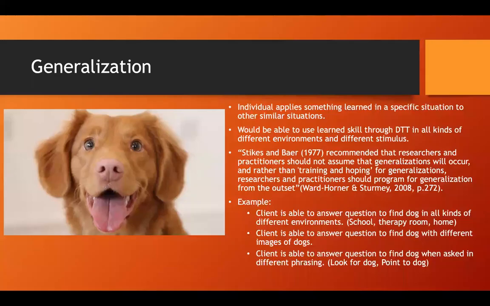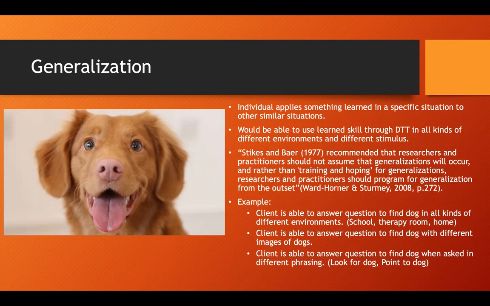So the last term I want to go over with you guys is generalization. And this is when an individual is able to apply something learned in any sort of specific situation and be able to apply it to other similar but different situations.